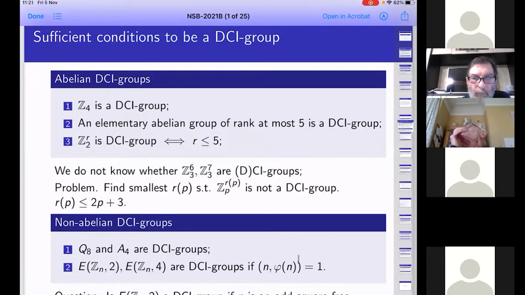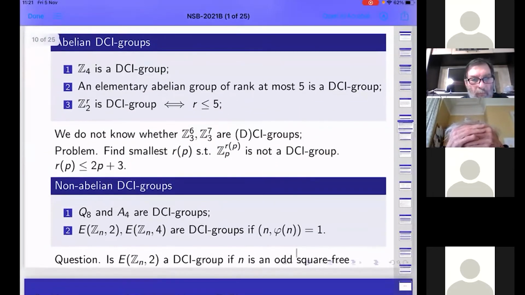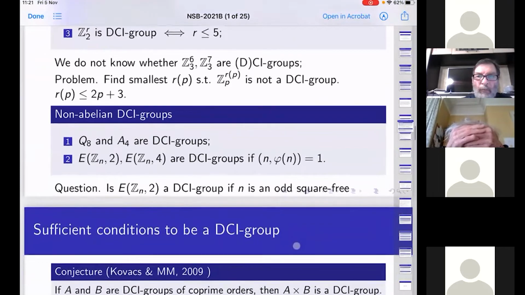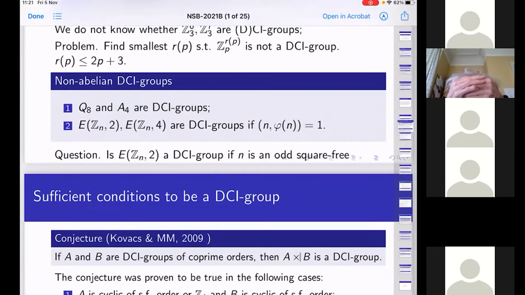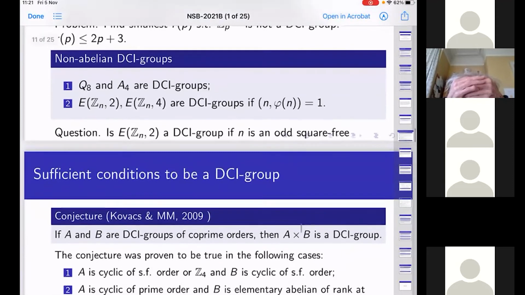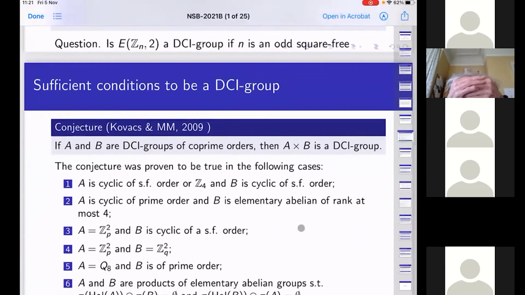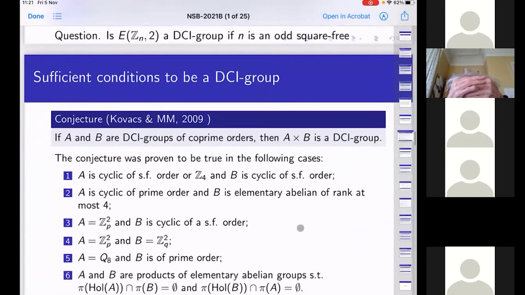But now remember that we can take a direct product of groups from the list when the groups are coprime. So when does a coprime direct product give us a CI group, a DCI group? With Istvan Kovacs, we made a conjecture that if I take two DCI groups and they have coprime orders, then their direct product is a DCI group again. Since then, we have a number of results which support this conjecture.